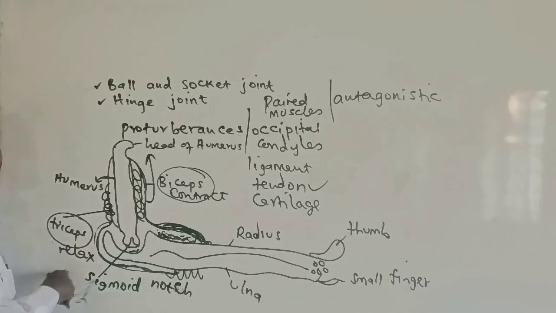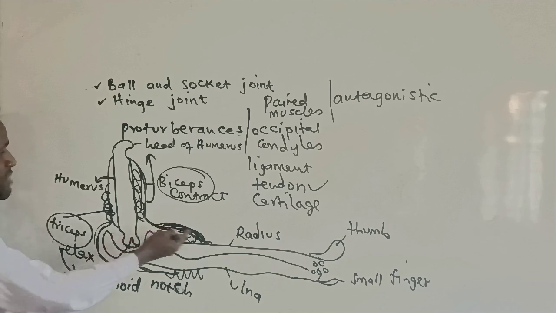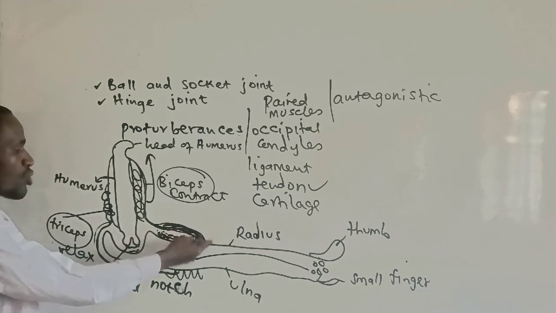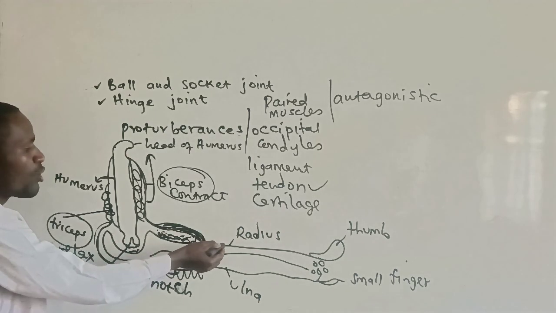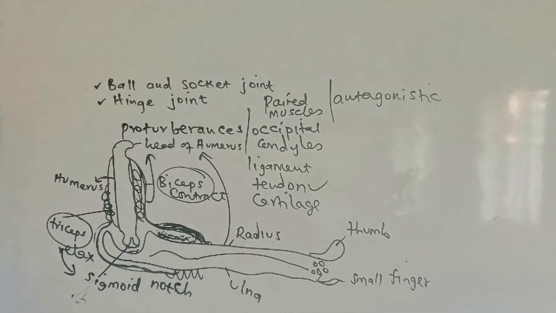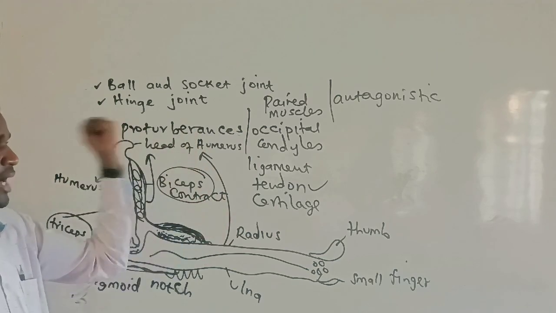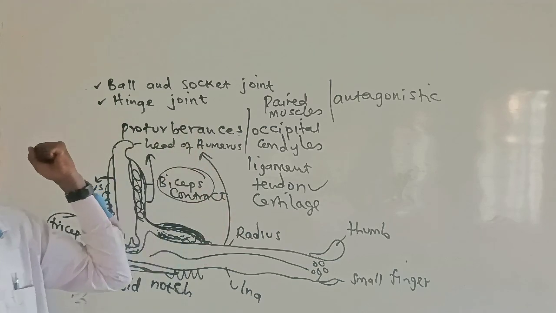These triceps relax. And when they relax, these biceps, attached onto the ulna and radius, pull the ulna and radius upwards. I repeat, when the biceps contract and the triceps relax, the biceps pull the ulna and radius. At the end of the day, your arm is flexed or bent.